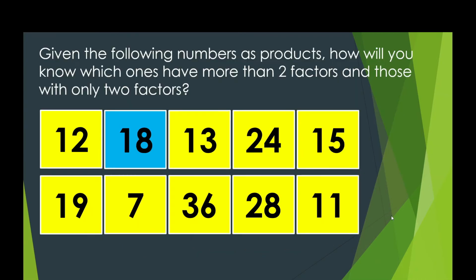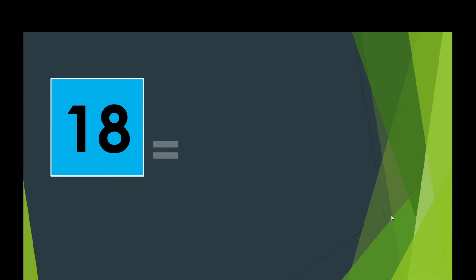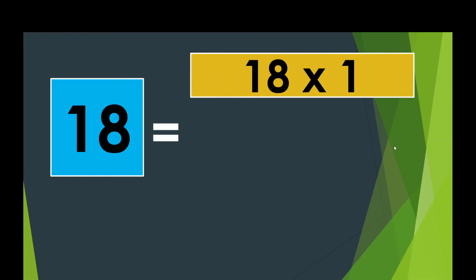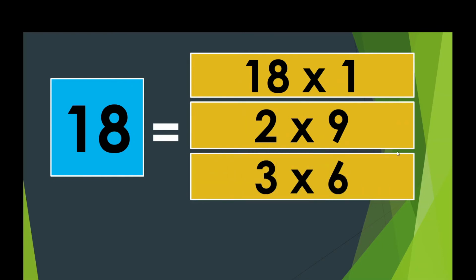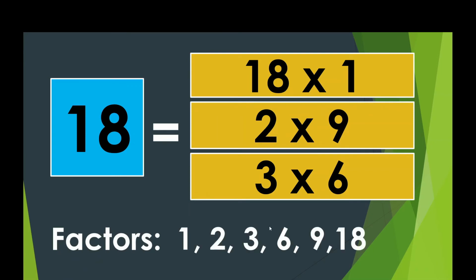Next, 18. The possible multiplication sentences for the product number 18 are the following. We have 18 times 1, 2 times 9, 3 times 6. And the factors of 18 are 1, 2, 3, 6, 9, and 18.